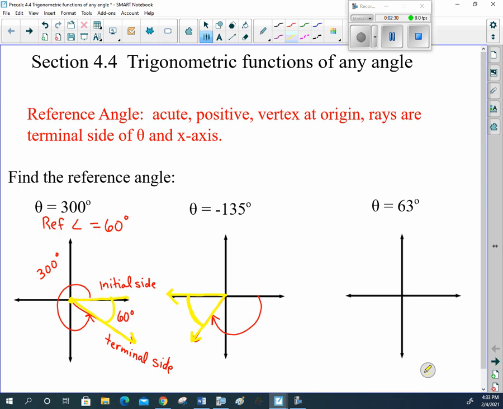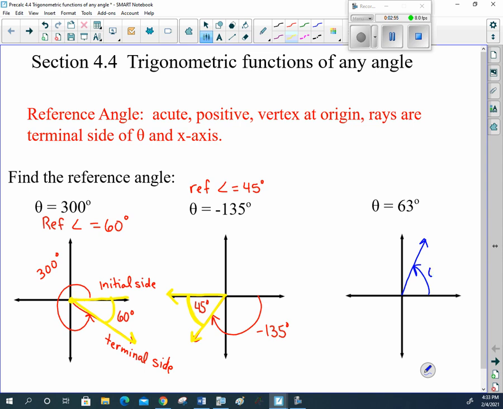If this is a negative 135 degrees, then this piece right here is 45 degrees, and it doesn't matter that I rotated a negative angle direction, the reference angle is always positive. So that's 45 degrees. Okay, and then 63 degrees, if I rotate 63 degrees, let's say that's like that.